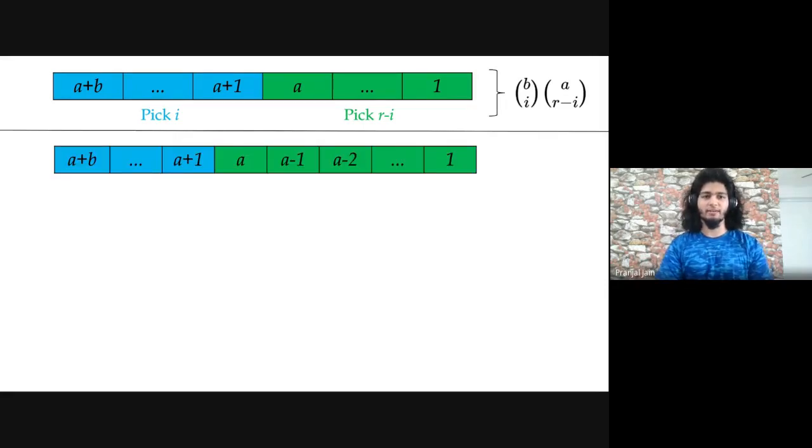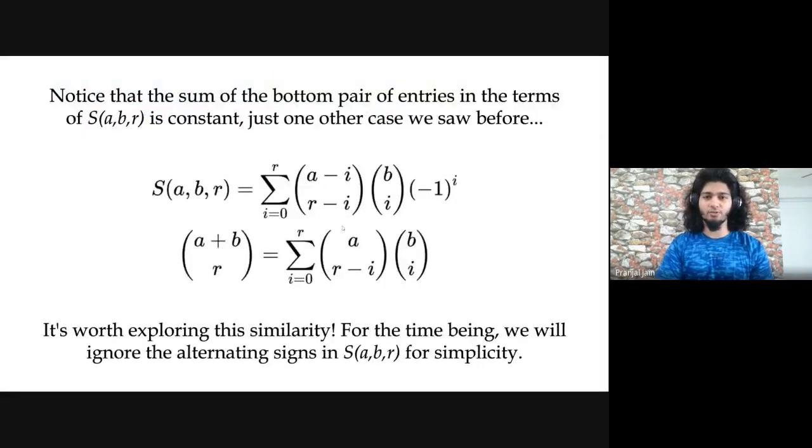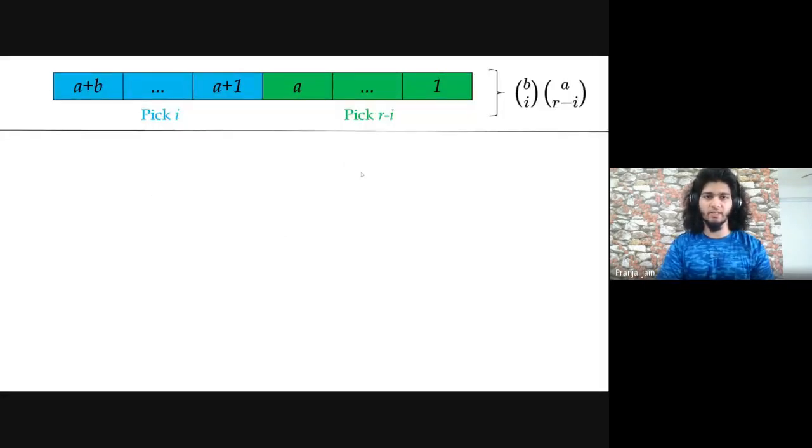So now what we have in this new sum is, so basically what we are trying to do is get this expression, this a minus I choose r minus I times b choose I, without this power of minus 1. So what combinatorial process gives me this expression? That's basically the thing we are trying to figure out.